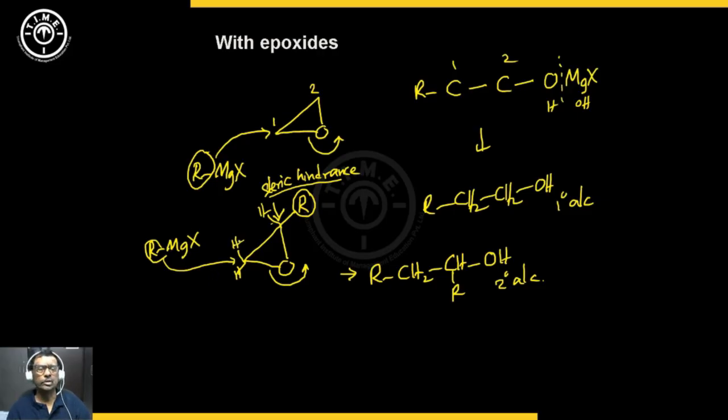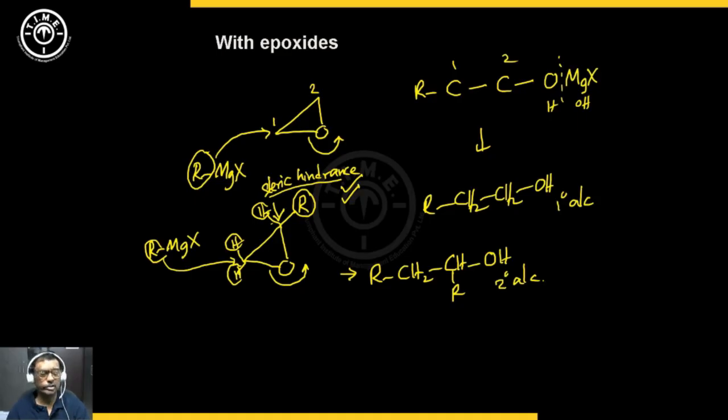So, two hydrogens do not offer as much block as one hydrogen and one R, or when two R's are there, the problem is even more severe then. So, steric hindrance will see to it that the R doesn't go to that part. So, these two things we need to note. Steric hindrance is a very important thing that we need to know when we are dealing with reaction of Grignard reagent with epoxides. I hope this is clear.